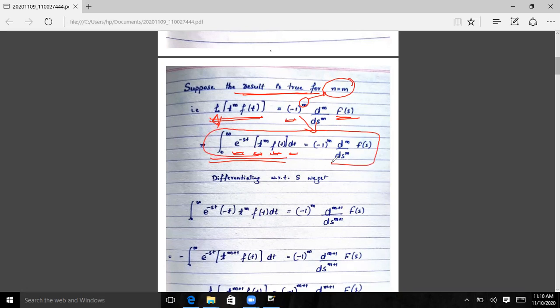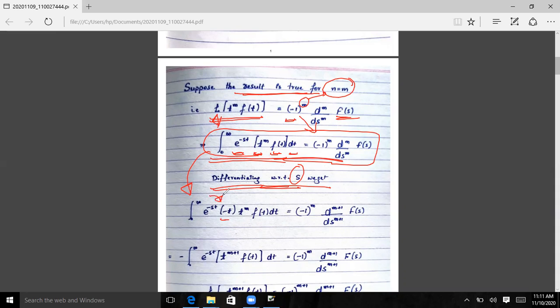Next we differentiate this with respect to s. We get the integration over 0 to infinity of e to the power minus st into minus t.